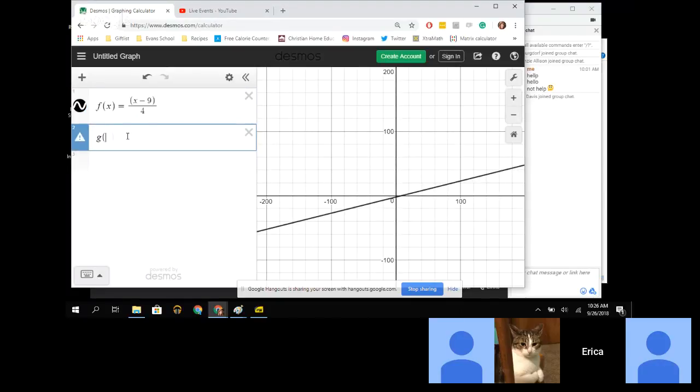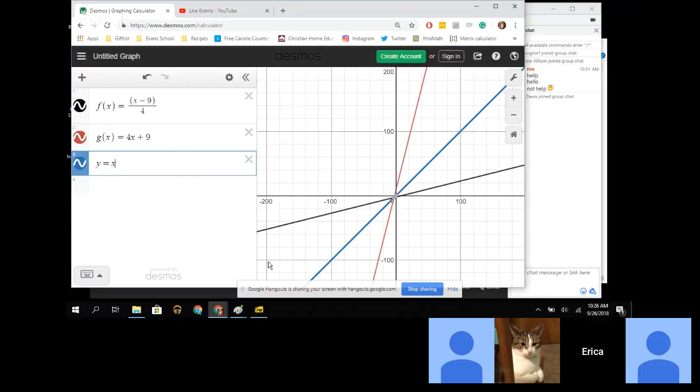And we have g of x equals 4x plus 9. Okay? And these are the two inverse functions that we showed, right? Just to kind of show you, remember inverse functions always reflect across y equals x. So can you see, here is y equals x. Can you see how they basically reflect across y equals x?